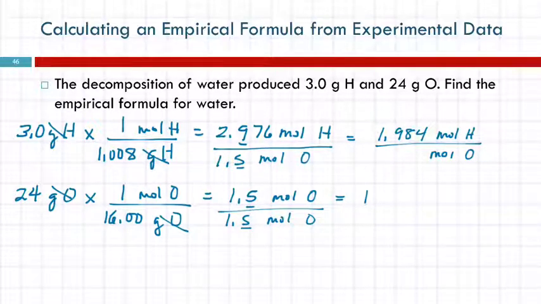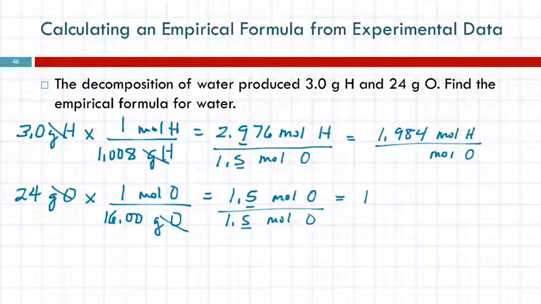No. Is it really close to a whole number? Yeah, it is. The reason this doesn't come out exactly is because we started out with measured quantities of elements. And there was uncertainty in the measurements, and so that brings us some uncertainty here. So now the hard part is to know, well, is this close enough that I can round it or not?